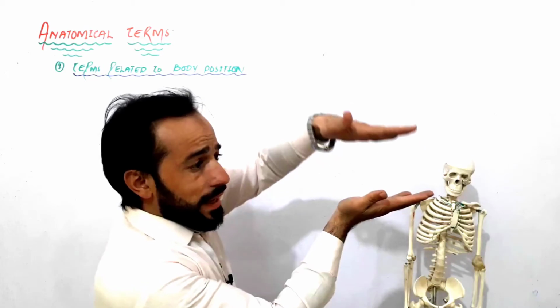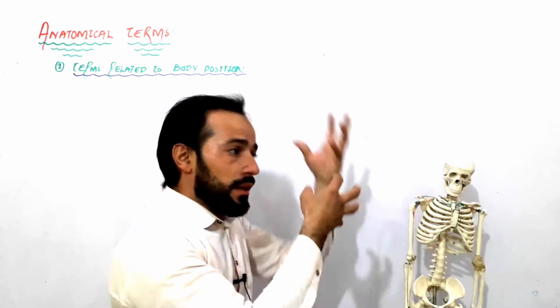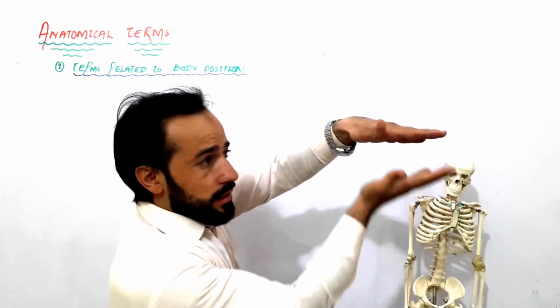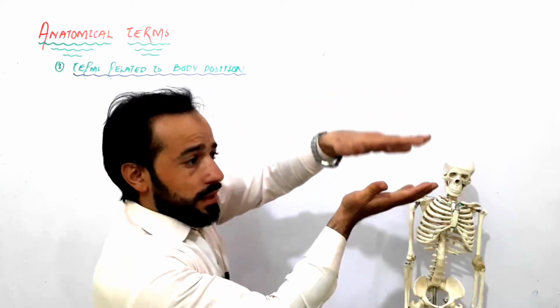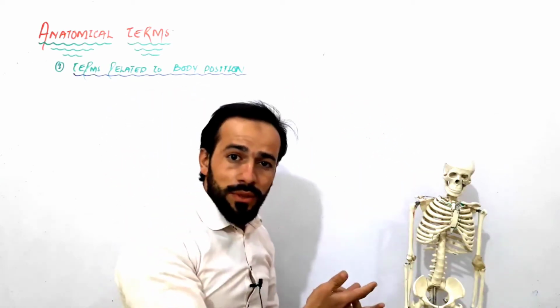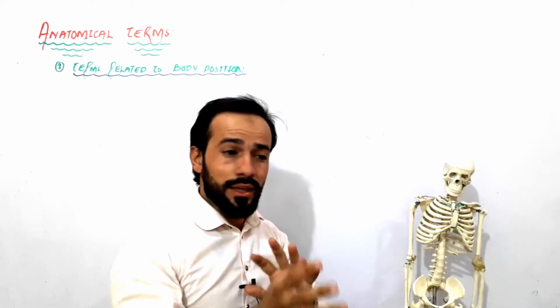So we say above. What is this above called in anatomy, right? And we say that my right hand is below my left hand. So what do we call this below in anatomical language, right? As the anatomical language is derived from Greek and Latin languages, it's a little bit difficult to learn, but no problem.